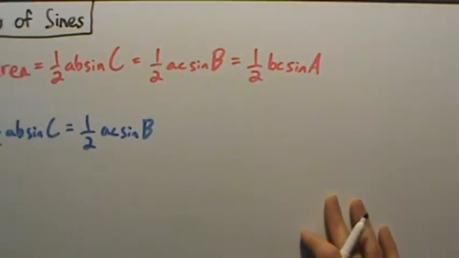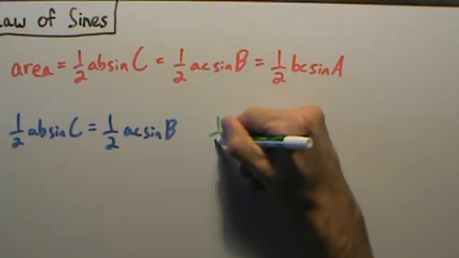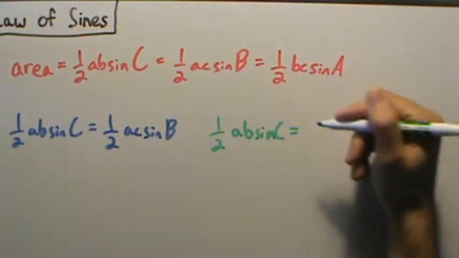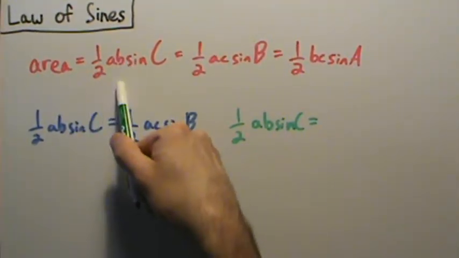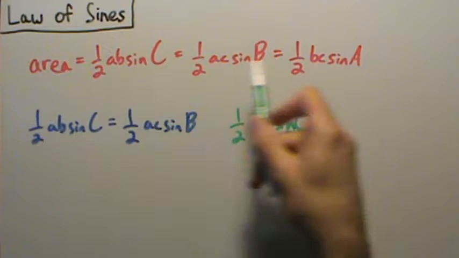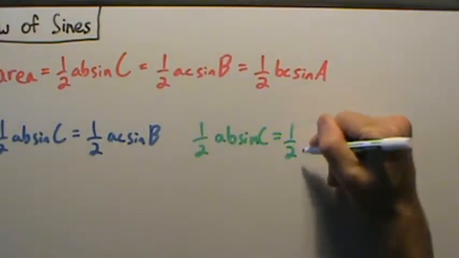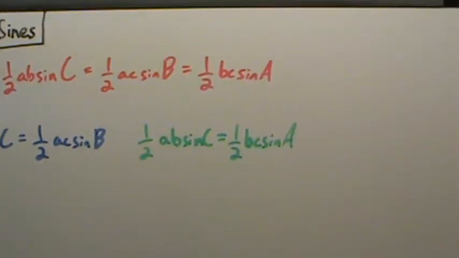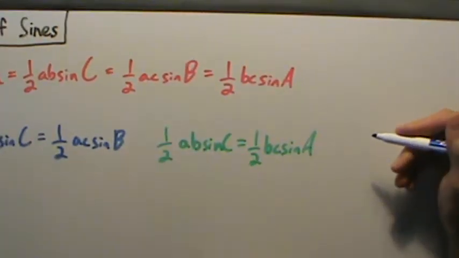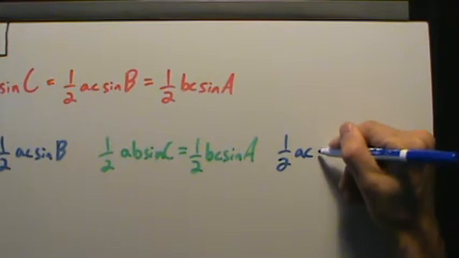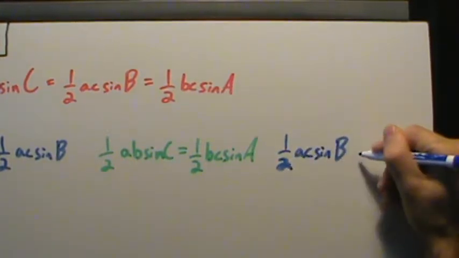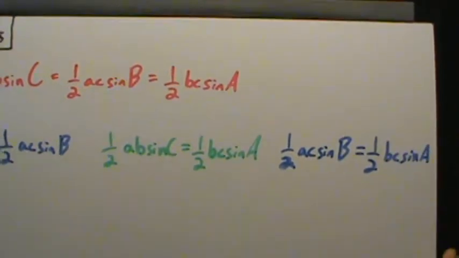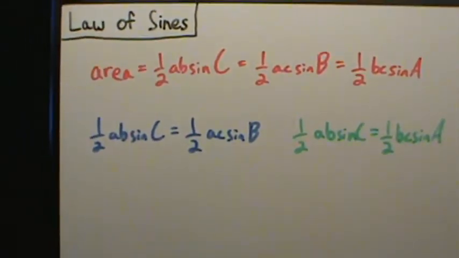Another one, let's use a different color: 1/2 ab sine C equals 1/2 bc sine A. And then going back to the other color, the last one is 1/2 ac sine B equals 1/2 bc sine A. So three different equalities here. Let's focus on one at a time.